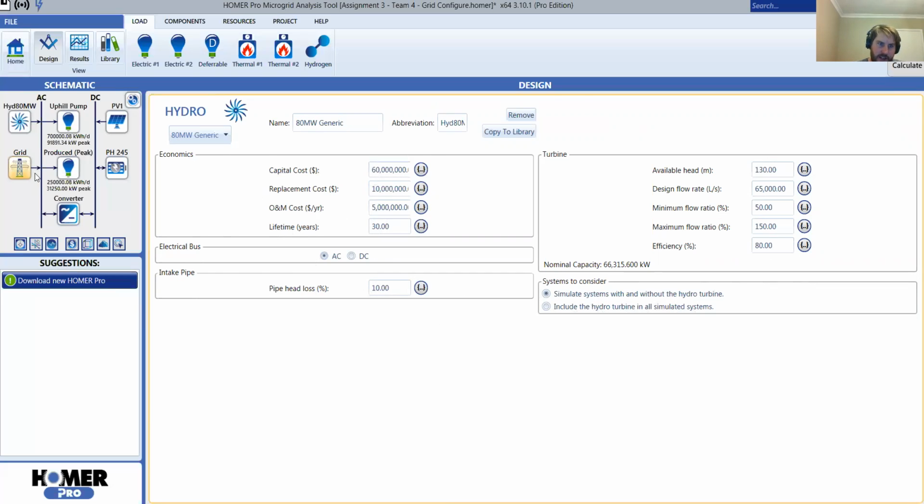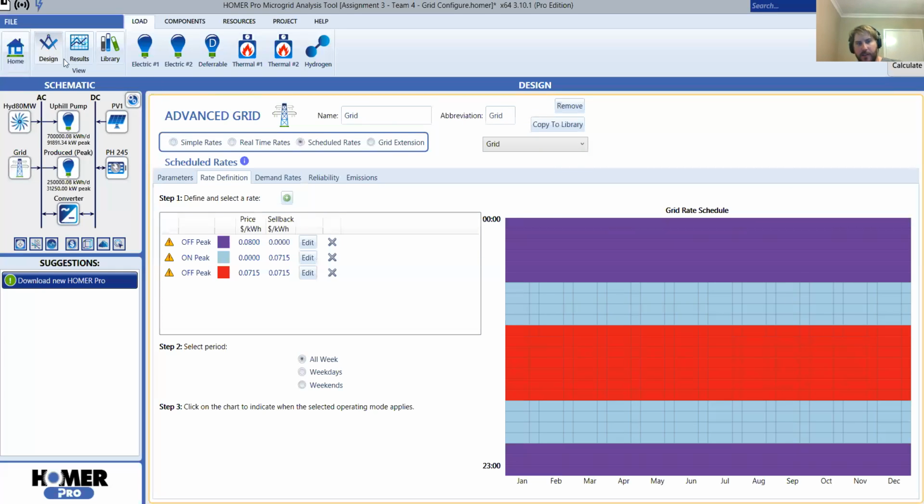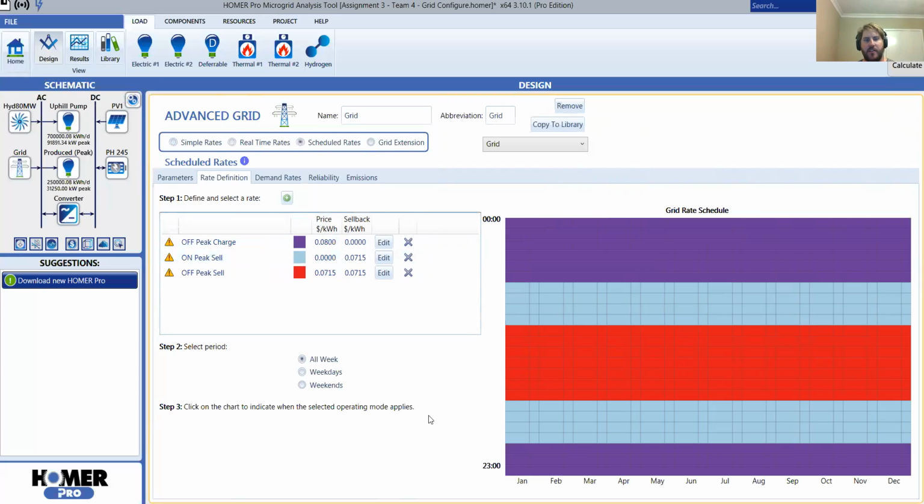The next thing is the grid. This is a pretty important one. I've got 3 different tariffs I've produced, each with a given time limit. The off-peak is when the battery will charge overnight using off-peak power.